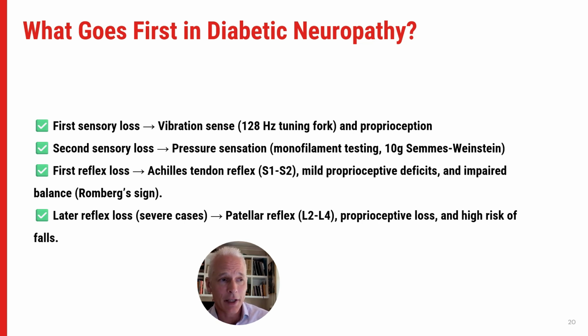The first reflex to be lost is typically the Achilles tendon reflex, and that's because it's a much longer nerve. Just as an aside, people with longer nerves, so therefore taller people, tend to have more issues with sensory loss than shorter people. So the Achilles tendon reflex is the first to go, followed by, in more severe cases, the patella reflex.